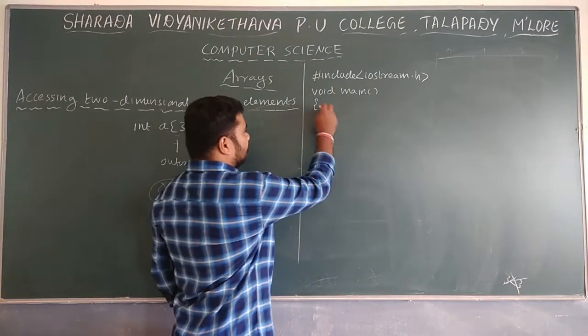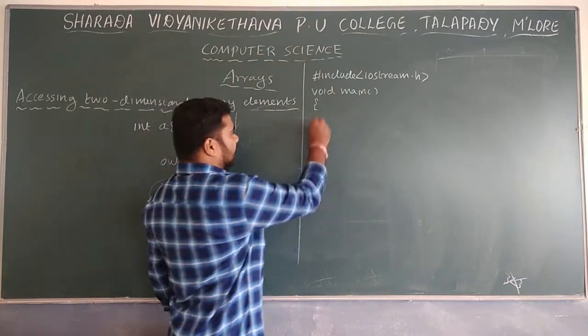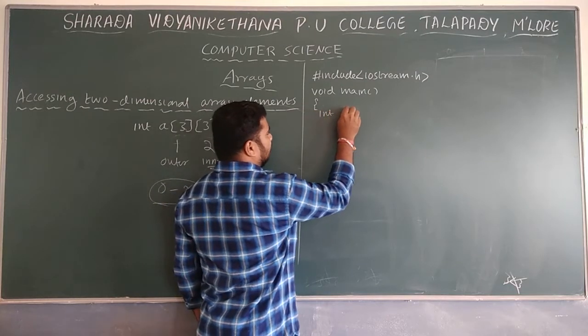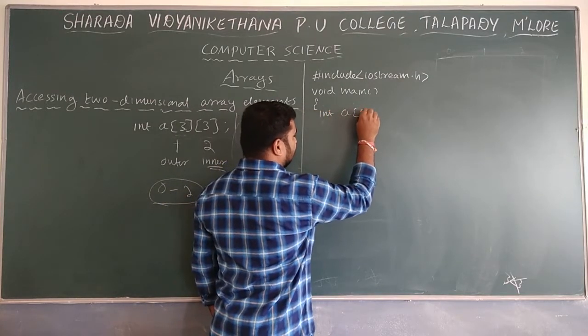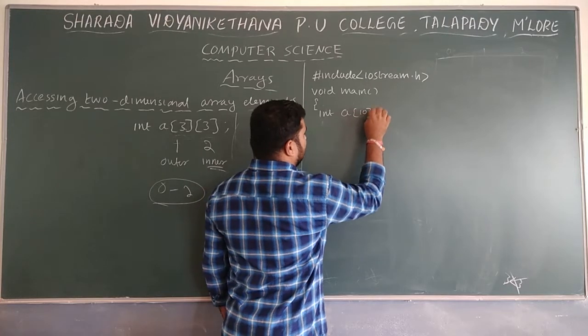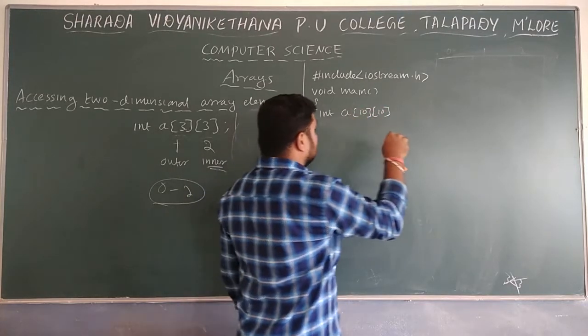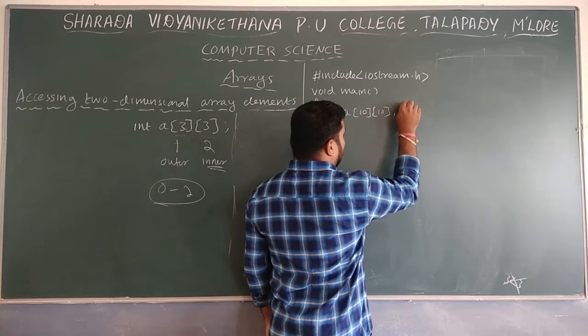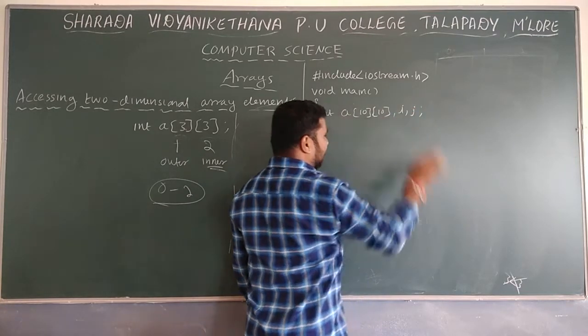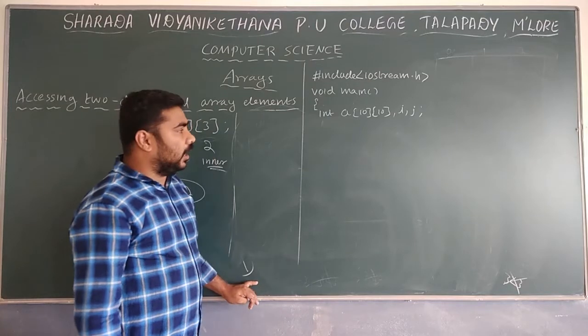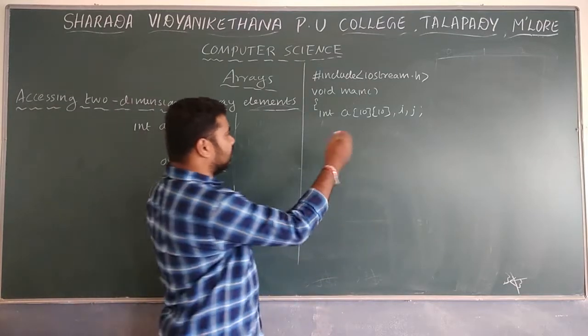So here, after that, void main. Next I write the integer variables: int a of 10, total size is 10, and 10. Then i and j. For example, I want two sizes, that is i and j. Then I use the for loop.